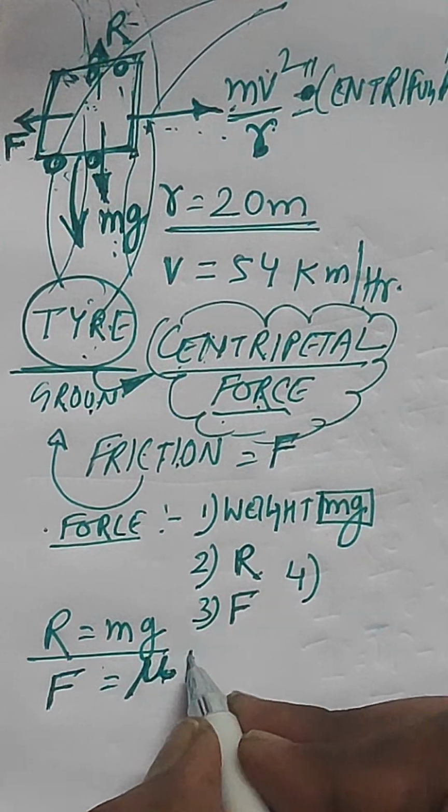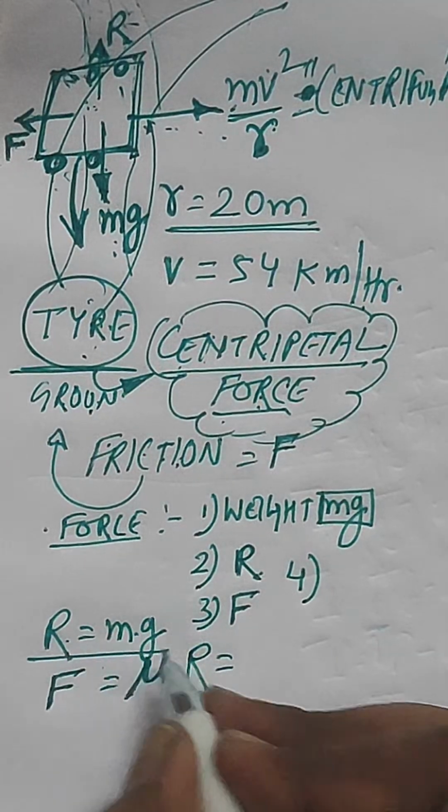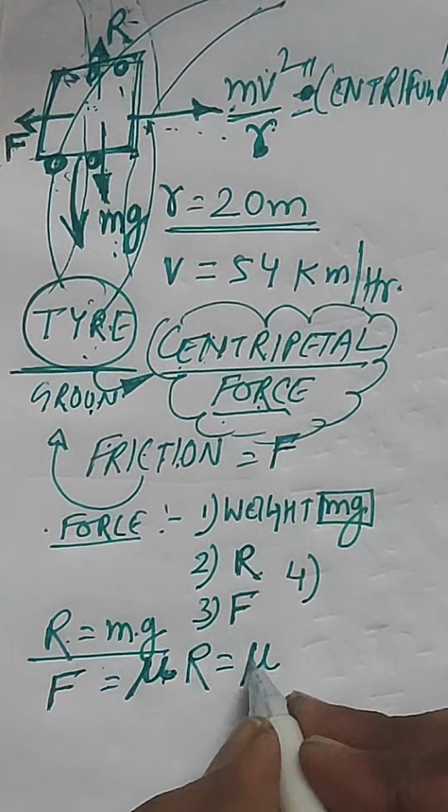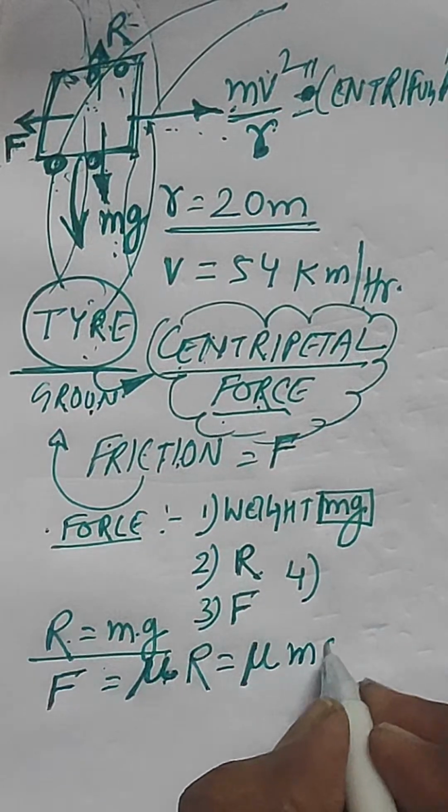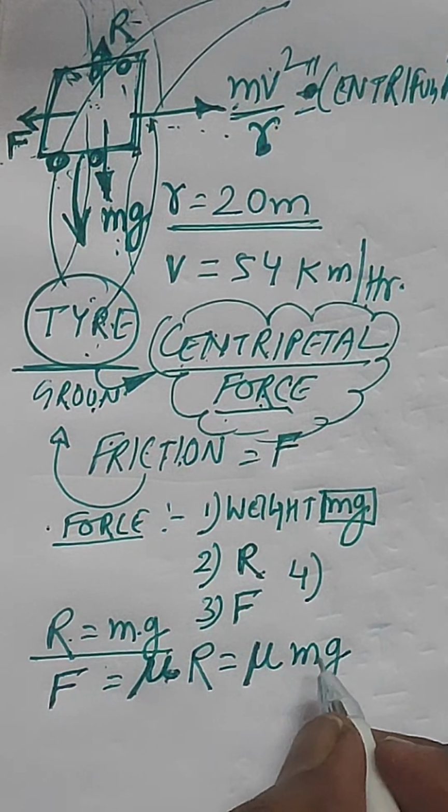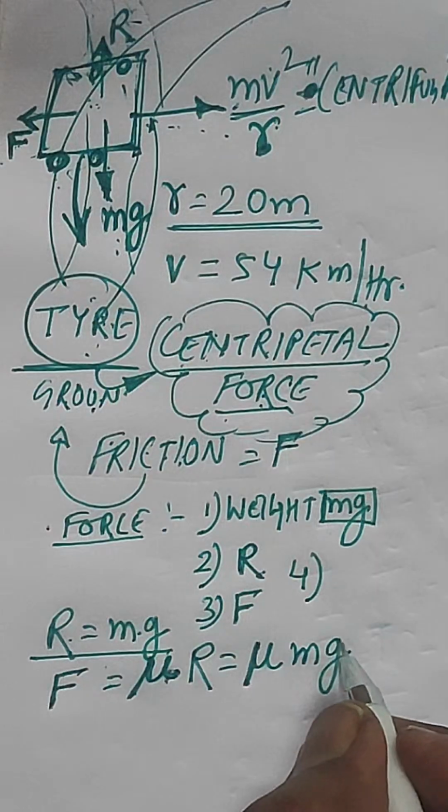Since R equals mg, we can write the frictional force as mu times mg, right? This relation can be written.